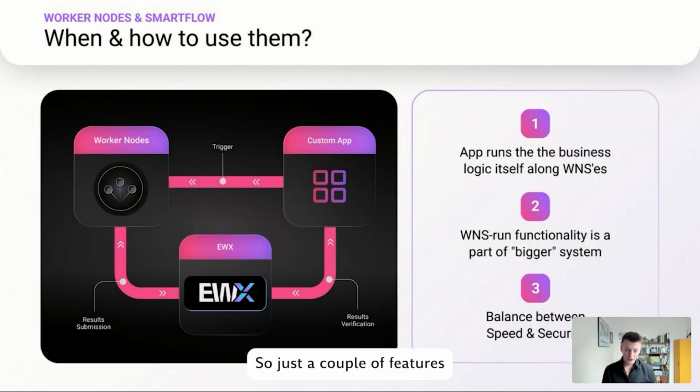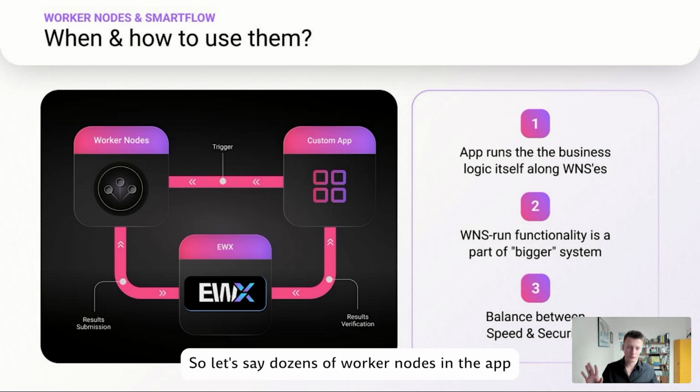So just a couple of features coming from that category, so you get the full picture. First of all, worker nodes run alongside the app, and both of those components, let's say dozens of worker nodes and the app, are triggered and execute the logic at the same time.